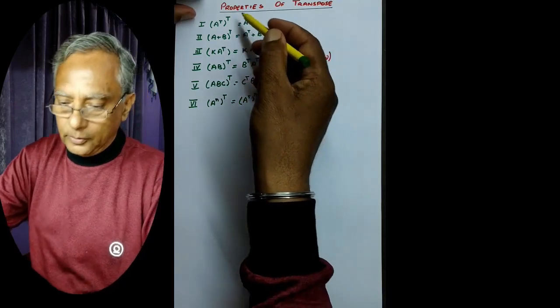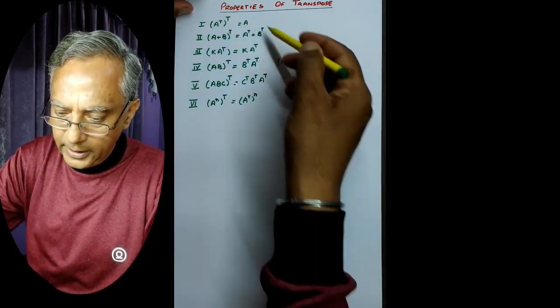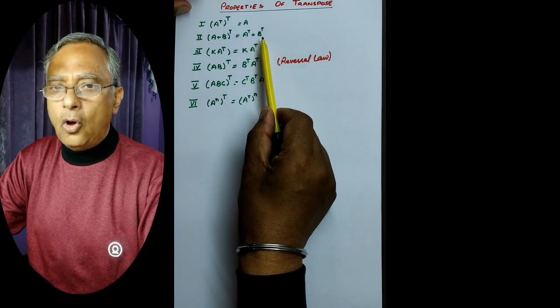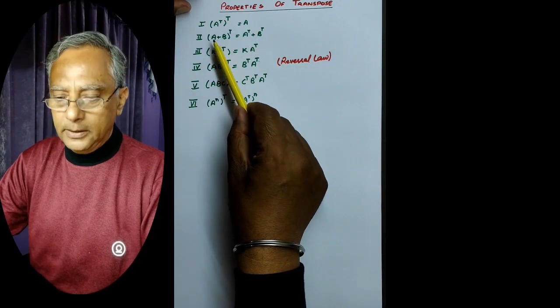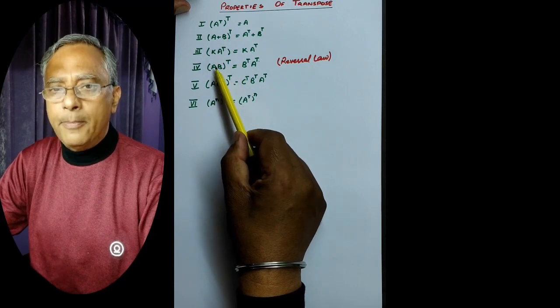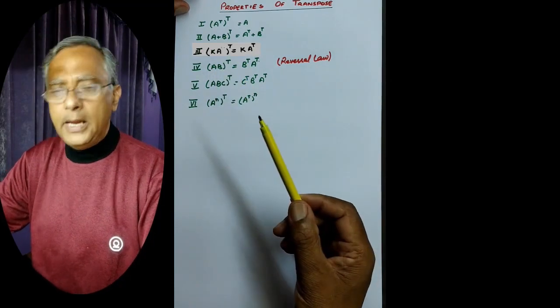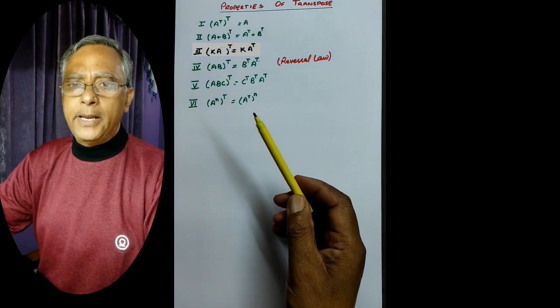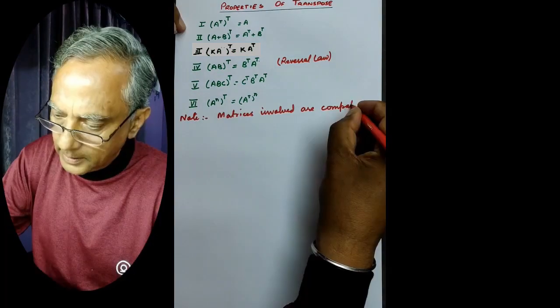And there is a general note in all these properties that the matrices involved are all compatible. These two are compatible for addition, these two are compatible for multiplication, and so on. All the matrices involved satisfy the compatibility condition.